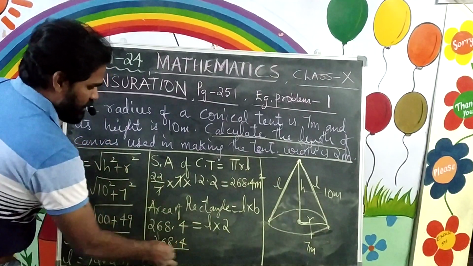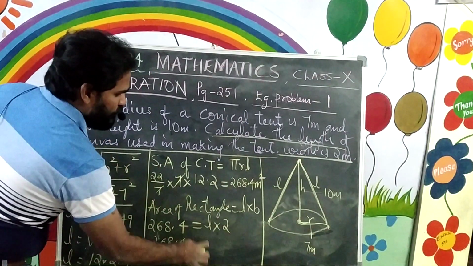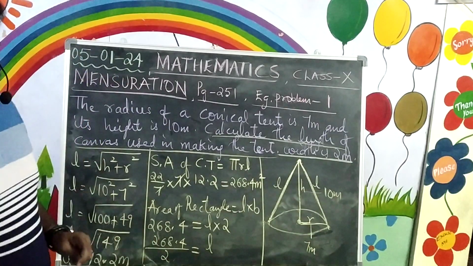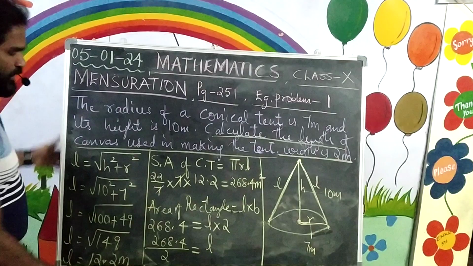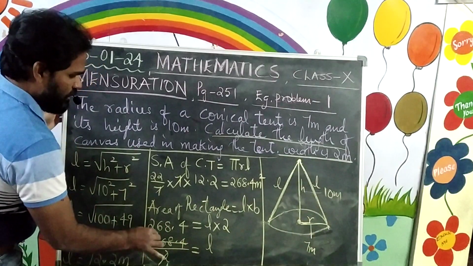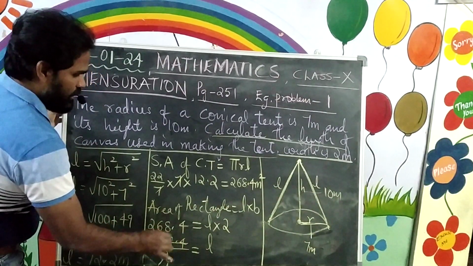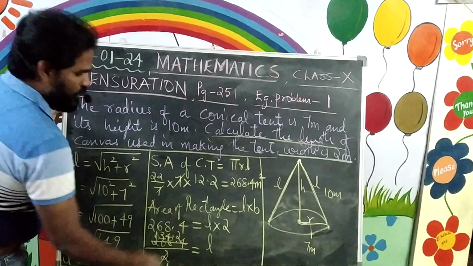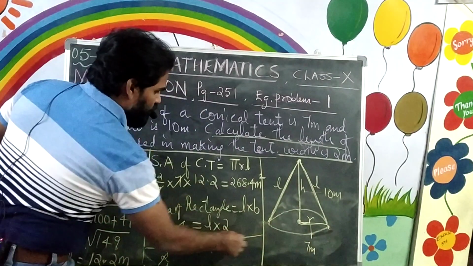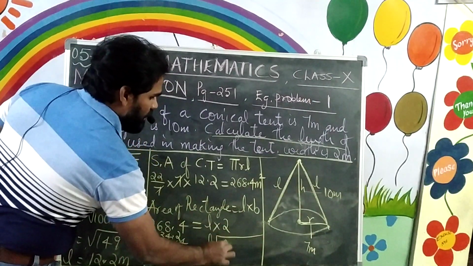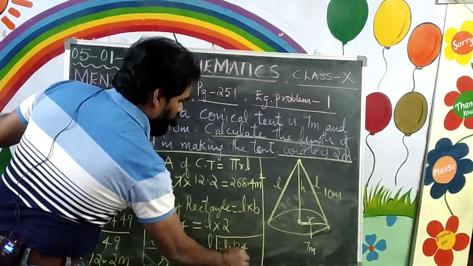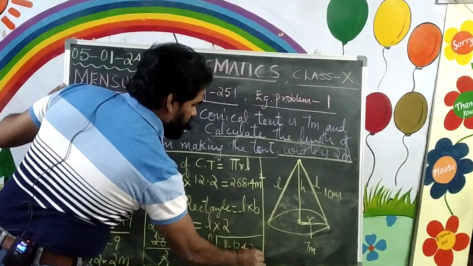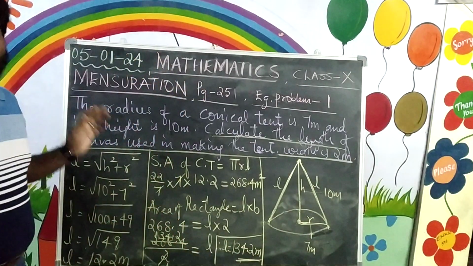Opposite of multiplication is division. And you will have L as it is on the other side. Now the next thing you have to do is simply go for cancellation. 2 ones are 2, 2 3s are 6, 2 4s are 8, and 2 2s are 4. At the end what we conclude is, therefore the length of the canvas used for the tent is 134.2 meters. I hope this has been very clear to you.